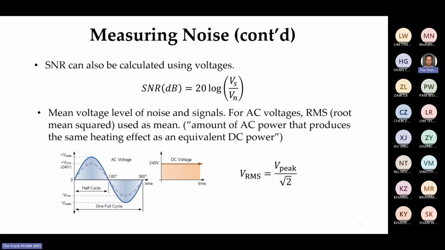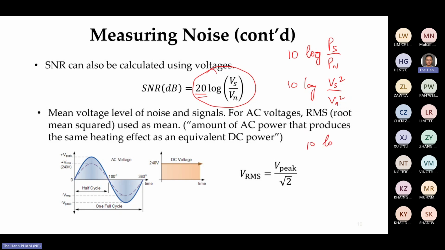Right. Now, if you have voltages, then you can make use of this formula to calculate SNR in terms of voltage. Now, why this one is 20 is very simple. Previously, you see power signal over power noise, right? But power of signal should be proportional to the square of the voltage of the signal, and the power of noise should be proportional to the square of the voltage of the noise.